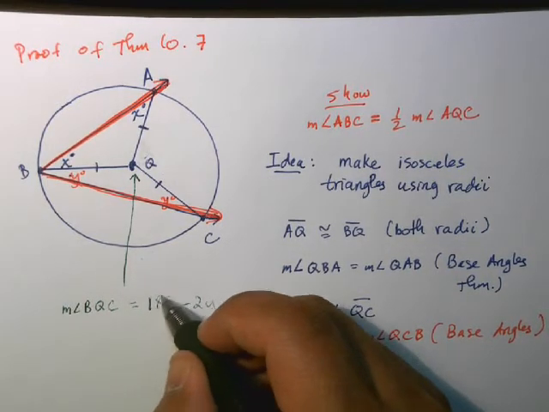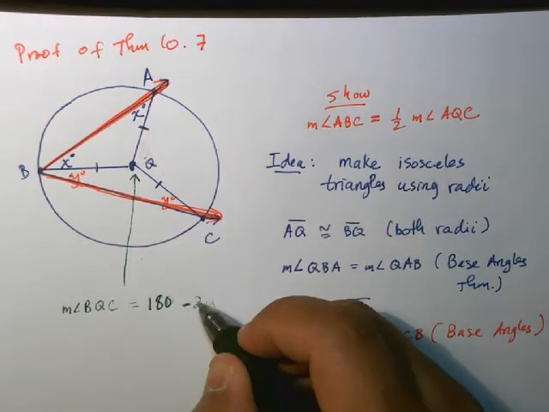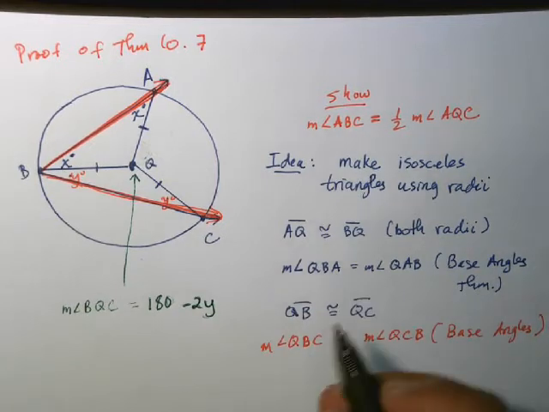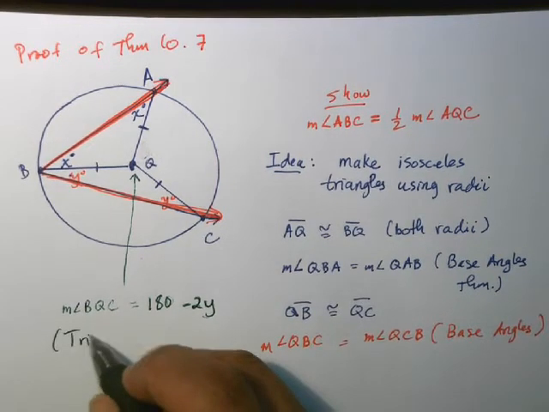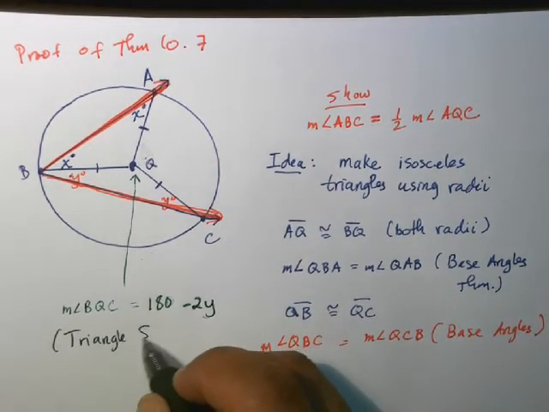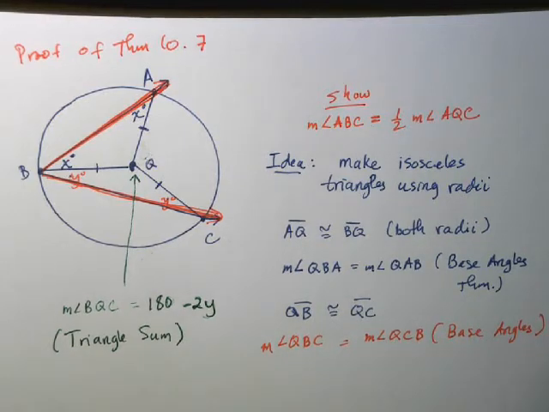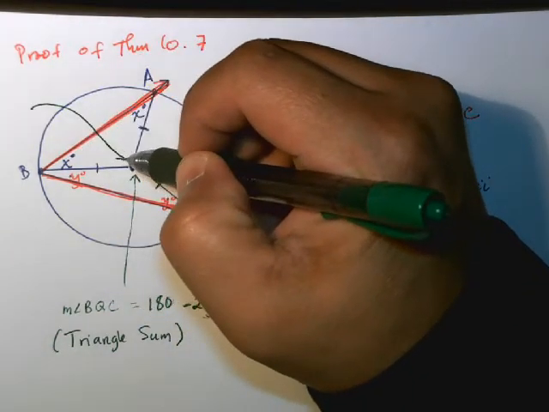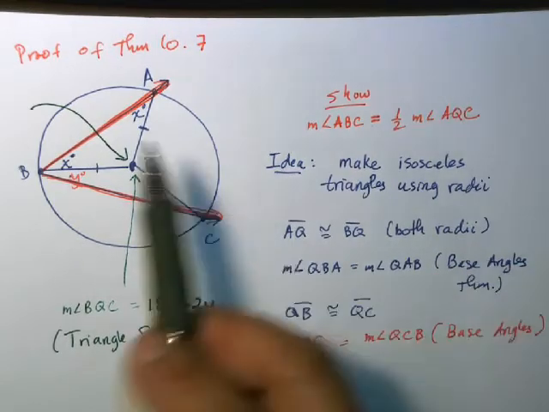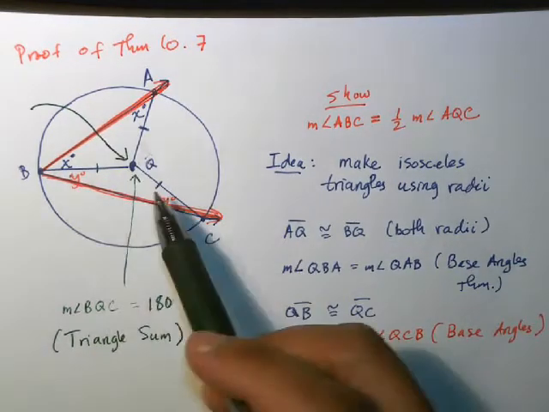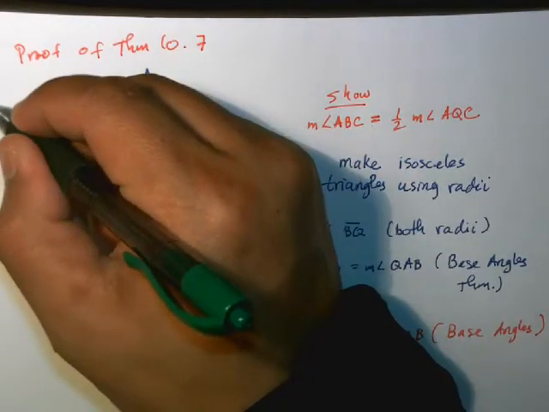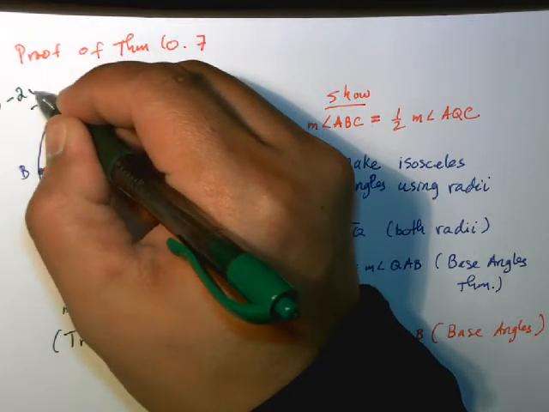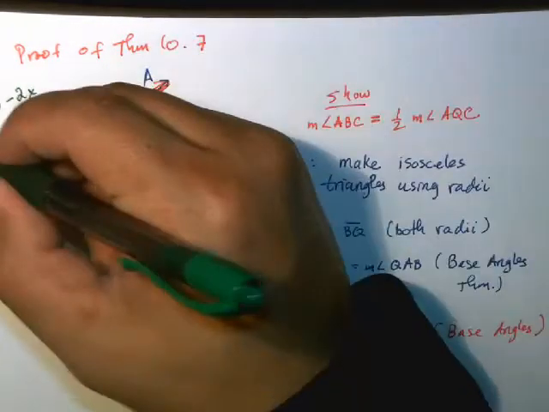Okay. BQC, that angle right there, must be equal to 180 minus 2y. And the reason is the triangle sum theorem. And similarly, over here, this angle right here, part of triangle ABQ, must be equal to 180 minus 2x.